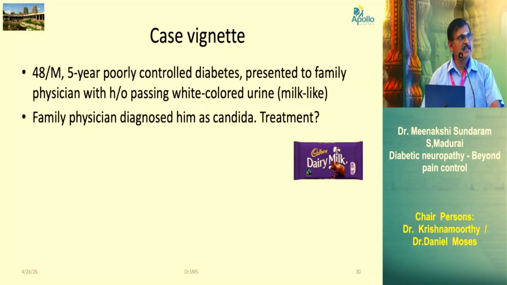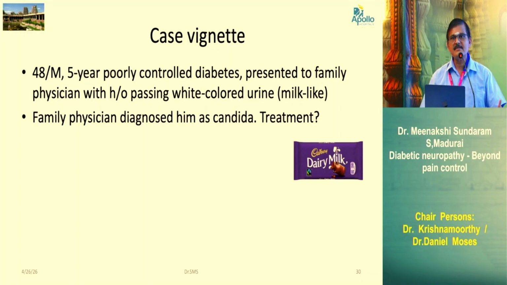Let me move on to this 48-year-old gentleman with a 5-year history of poorly controlled diabetes. I presented this with Dr. Kumaran sir in one of the previous meetings. He presented to the family physician with a history of passing white-colored, milk-like urine. He was diagnosed with candidiasis, poorly controlled diabetic.